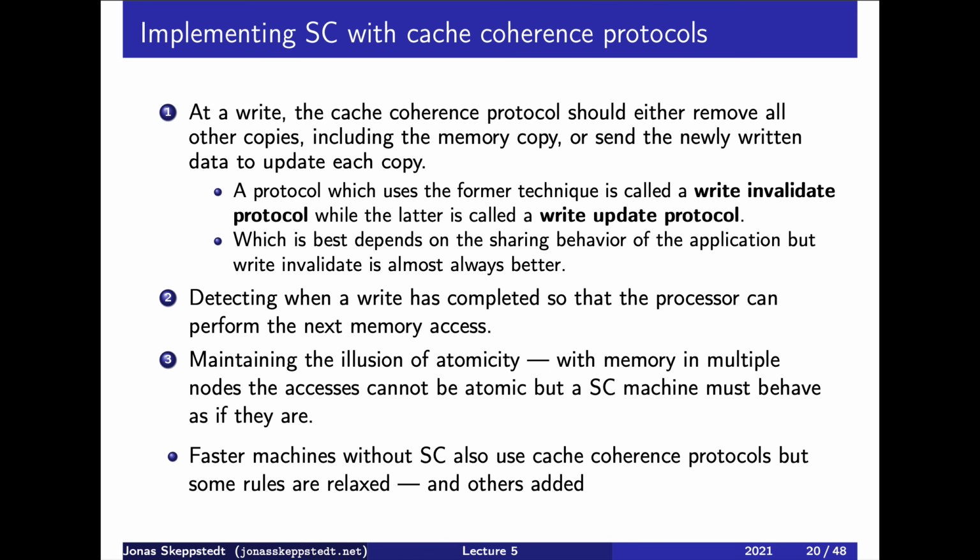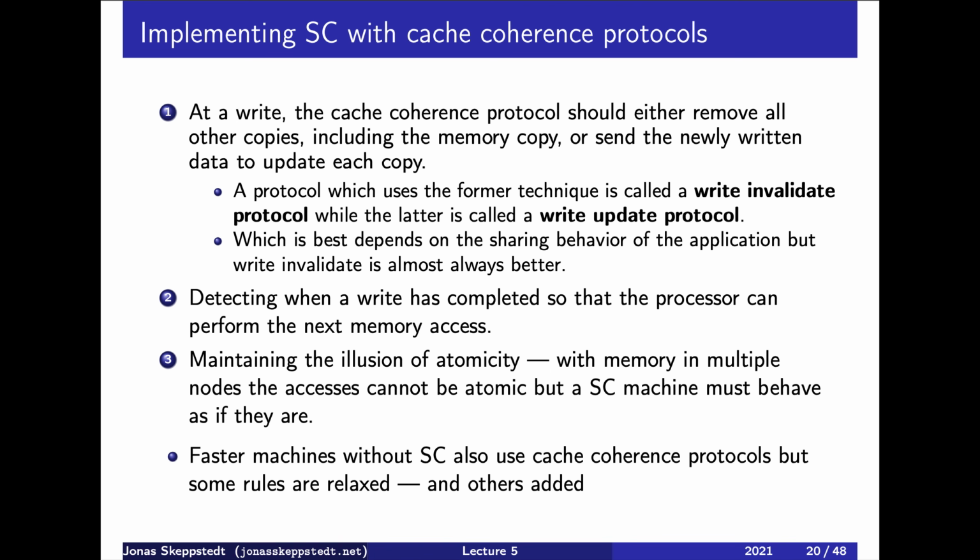The second thing is to detect when a write has completed. And why? Well, in sequential consistency, the CPU which does the write is not allowed to start another memory access instruction before the write has completed. So therefore we must define what is meant by completed.